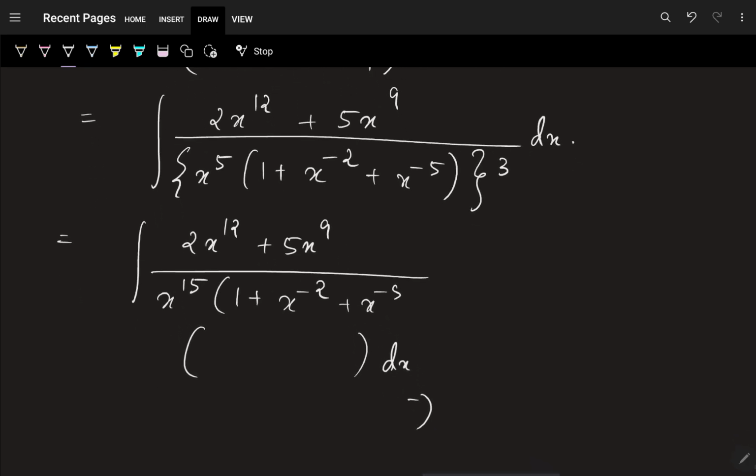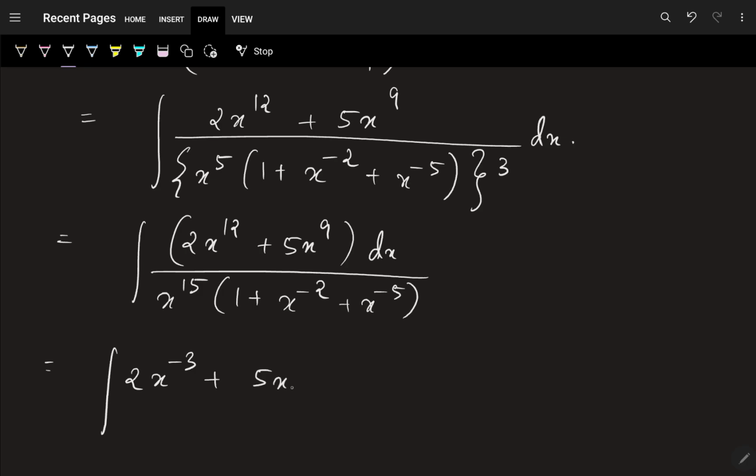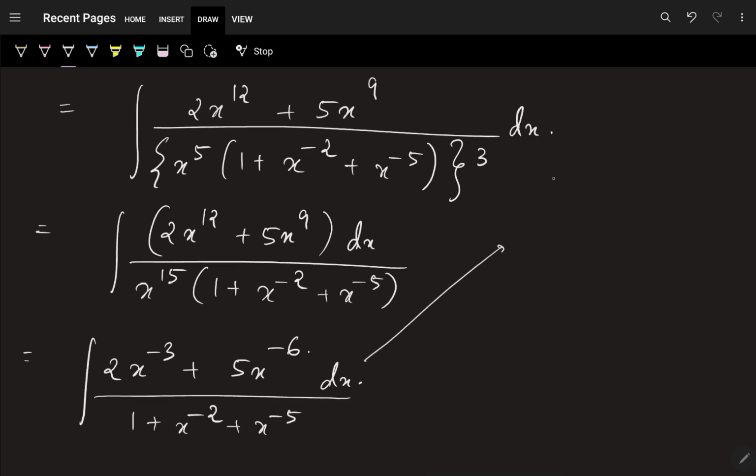Now you just split this. So this is going to be 2 x to the minus 3 plus 5 x to the minus 6 divided by 1 plus x to the minus 2 plus x to the minus 5, and then dx. So what you do, you let t as 1 plus x to the minus 2 plus x to the minus 5.